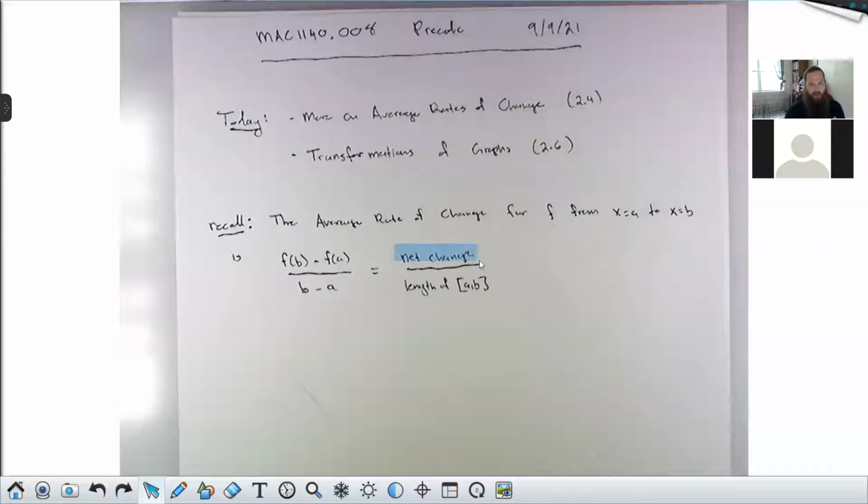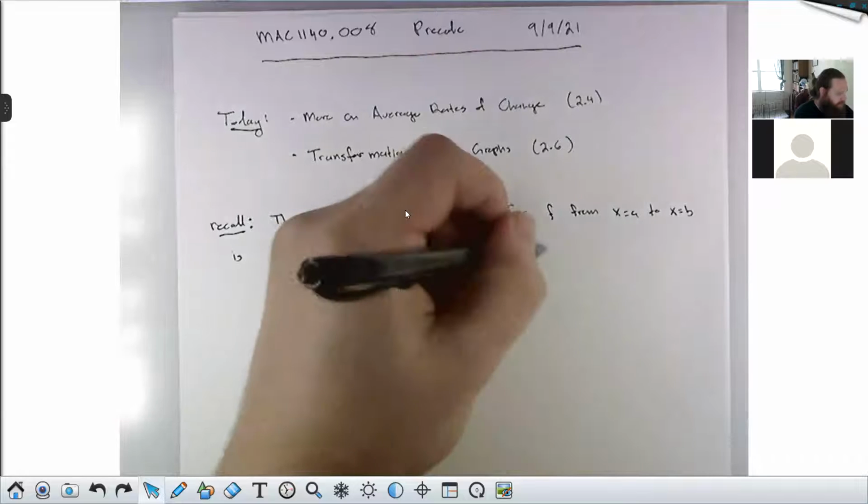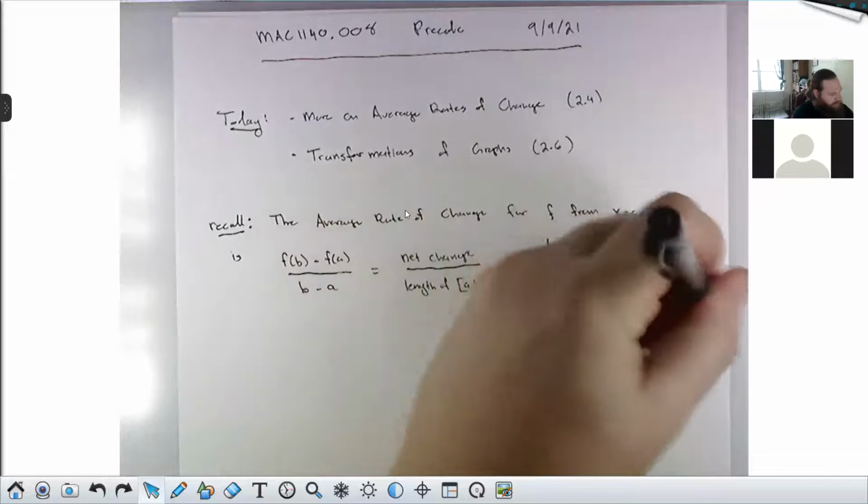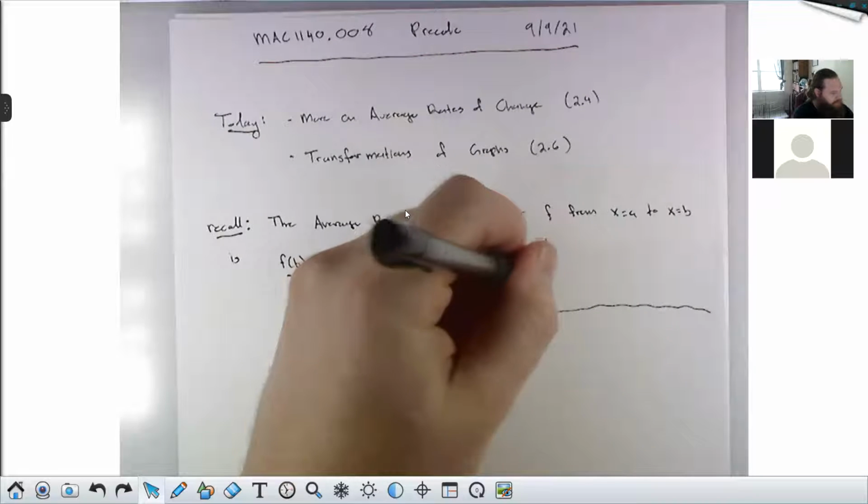So it's kind of like, how much did you change divided by how long did you spend doing that change? And the examples we saw were like distance over time, that's a speed or a velocity. And the geometry here, I'll just sketch really quickly. We went through this in detail last time.